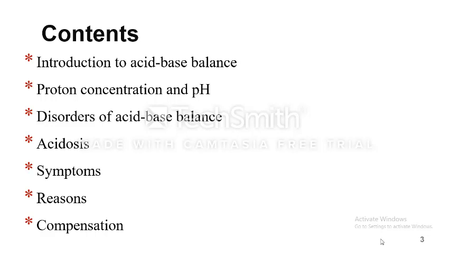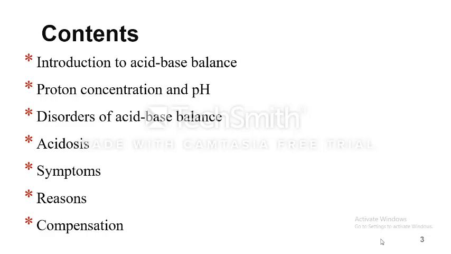Contents of today's discussion are, first of all, we will have an introduction to the acid-base balance. Then we will go for proton-ion concentration and how this concentration is related to pH. Then we will go for the disorders of acid-base balance, the disorders that are caused because of the disturbance in the acid-base balance.